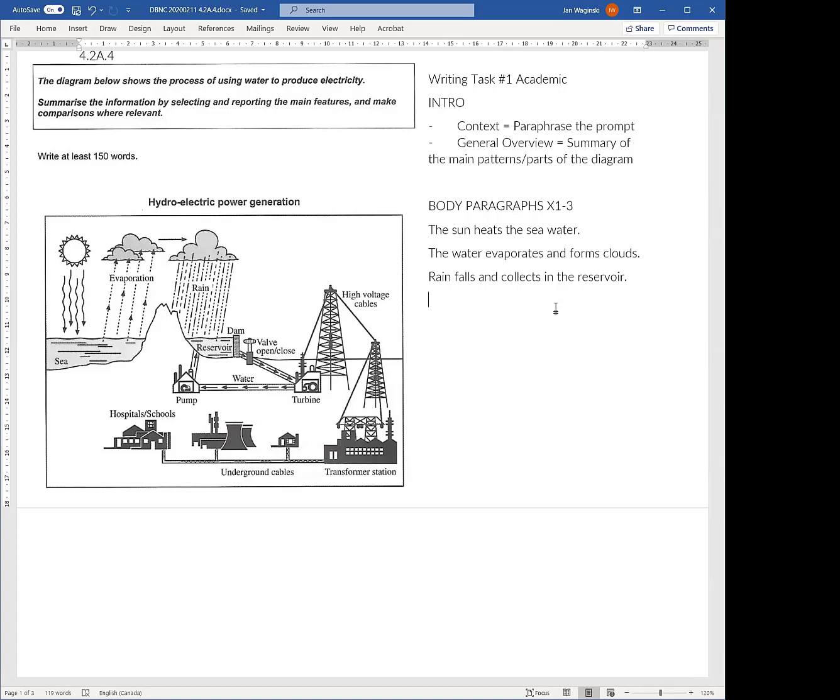Controlling by dam or valve. Because usually the dam and valve fix the water, the specific amount of water which goes to the turbine. Maybe the reservoir water is controlled by?